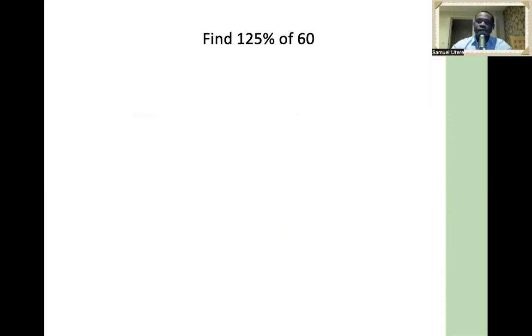If I ask you to find 125% of 60, how would you think about this using your bar model? It's quite straightforward. 125% is actually 100% plus 25%.